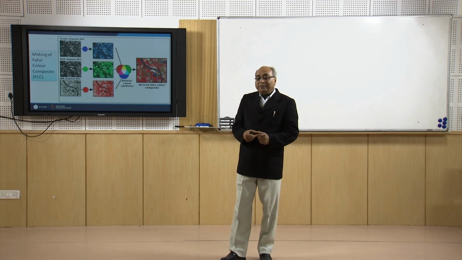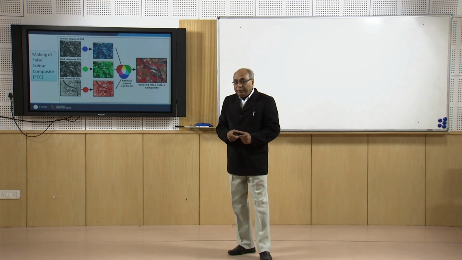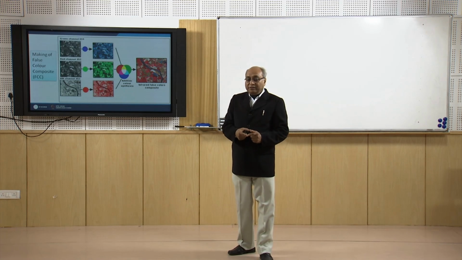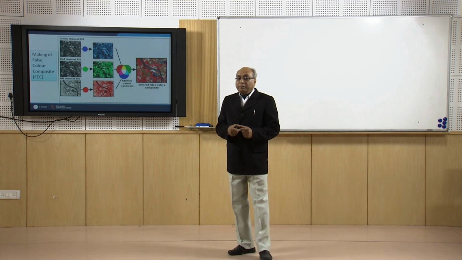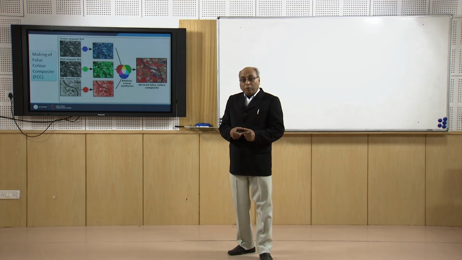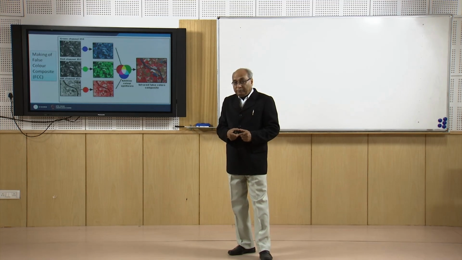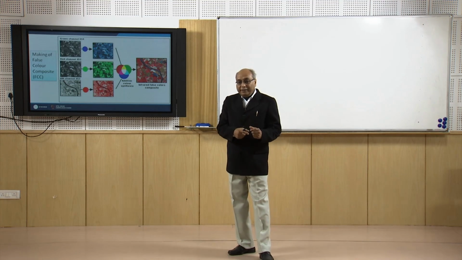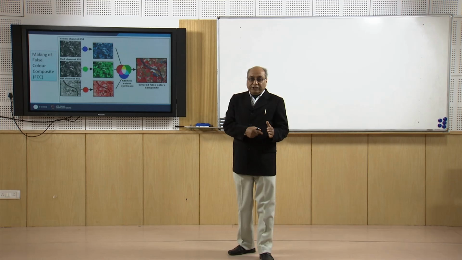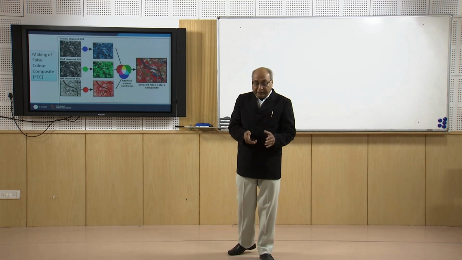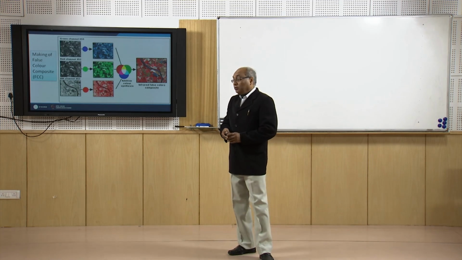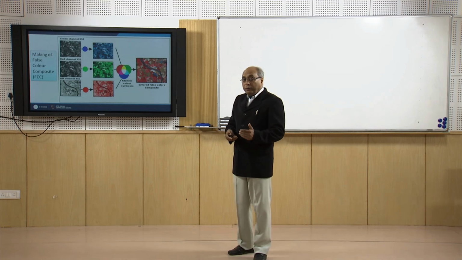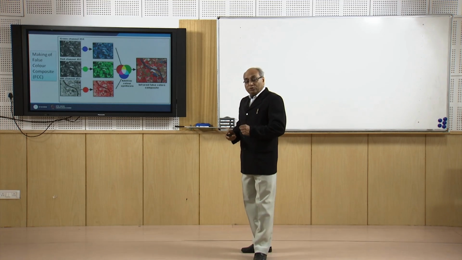This became essential because we know from spectral curves that vegetation reflects maximum in the infrared or near infrared part of the EM spectrum. We want vegetation to be discriminated very easily from bare soil or rocks or any other objects present on the surface of the earth, and therefore that channel has to be involved.